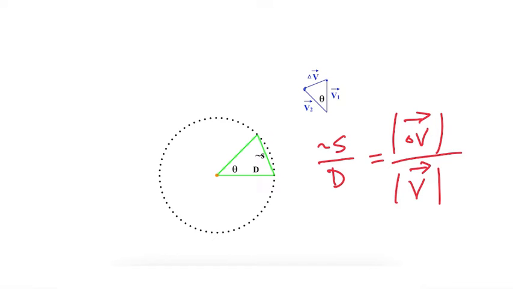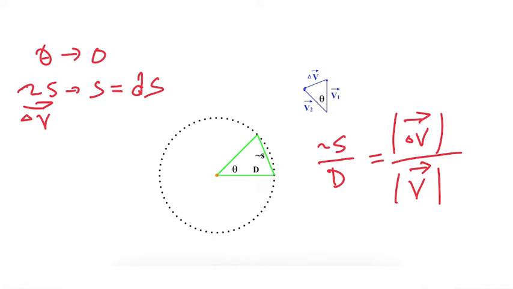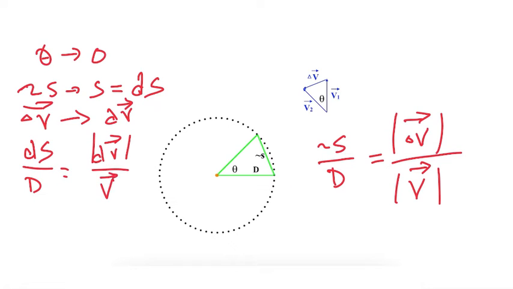As theta approaches 0, tilde S is going to approach S, which at the limit equals ds, and delta V at the limit approaches dV, and so we have ds over d equals dV, absolute value of course, over absolute value of V.